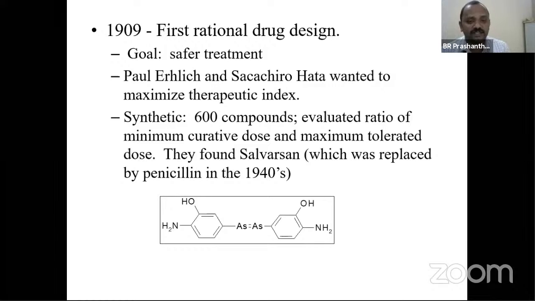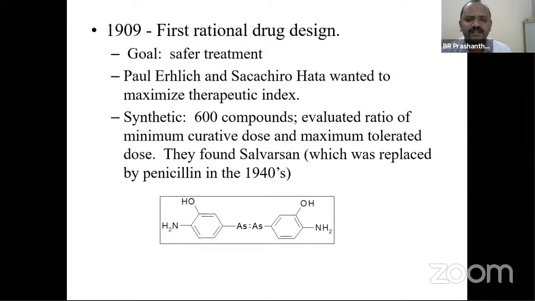That means something conceptual, hypothesis based kind of drug design. Till that time, there was no concept of rational drug design. The goal of rational drug design was to give a safer treatment. That was the goal at that particular point of time.